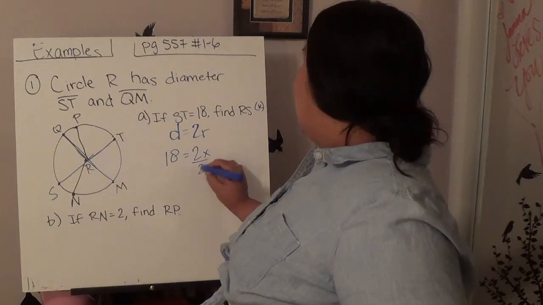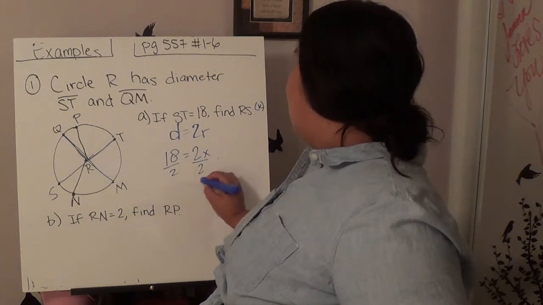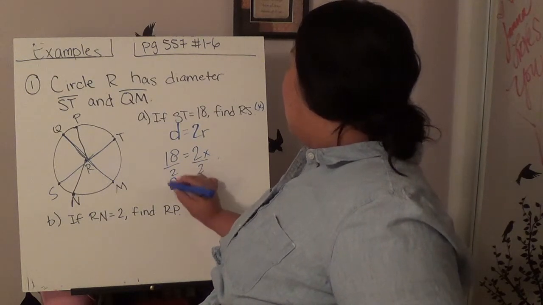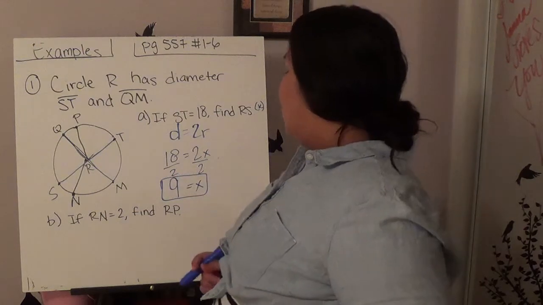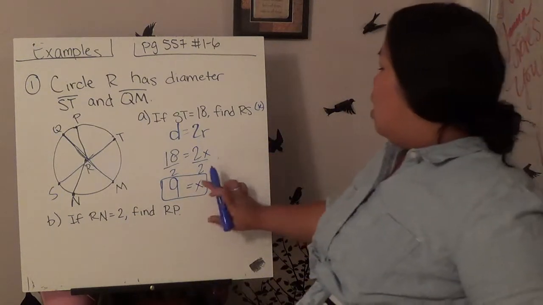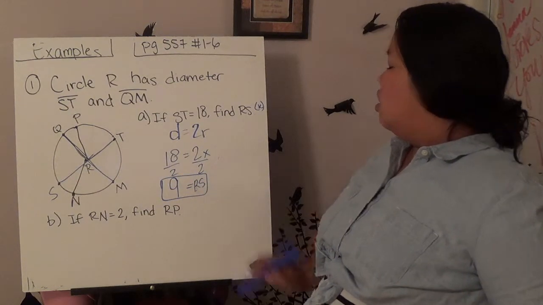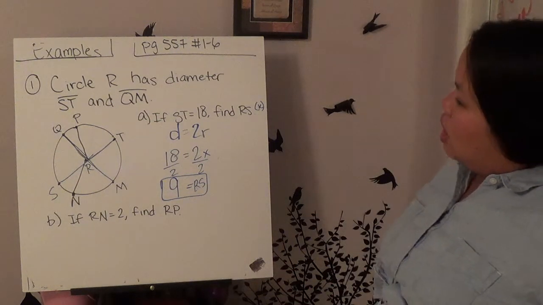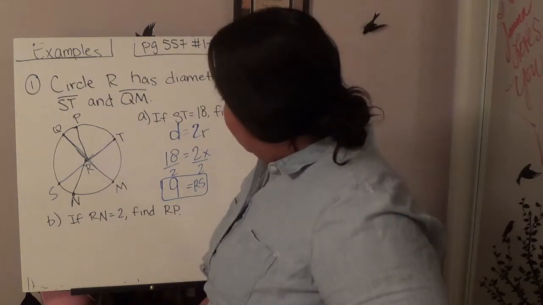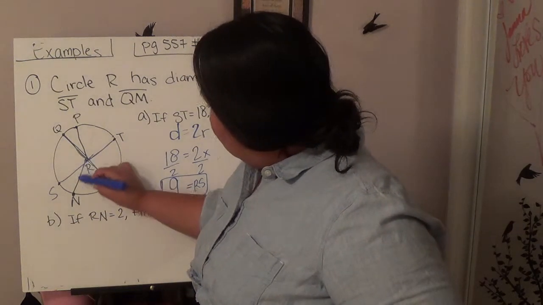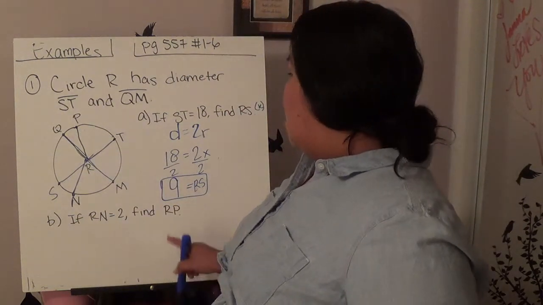I'm going to divide both sides by 2. I'm going to get X equals 9 because the radius is half the diameter. So RS equals 9.